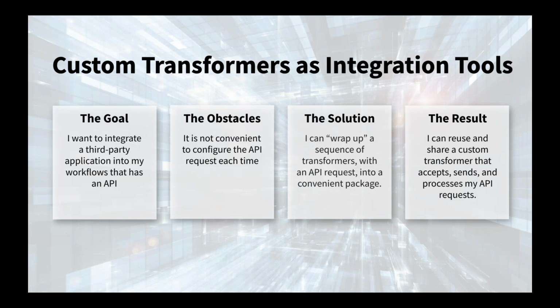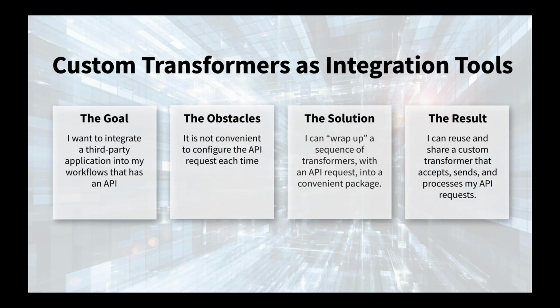That leads us into this next demo, which uses custom transformers as integration tools. Let's say we want to use a web service. If it has an API, we can essentially do anything with that web service that the API allows us to from inside of FME Workbench. And we can build a custom transformer that does this exact functionality that we want.